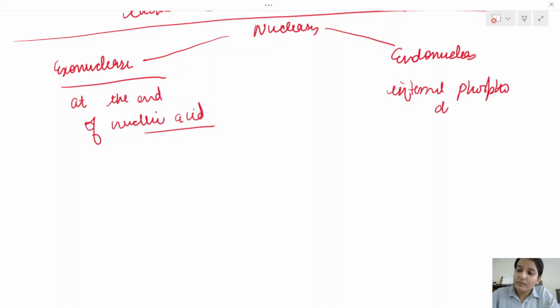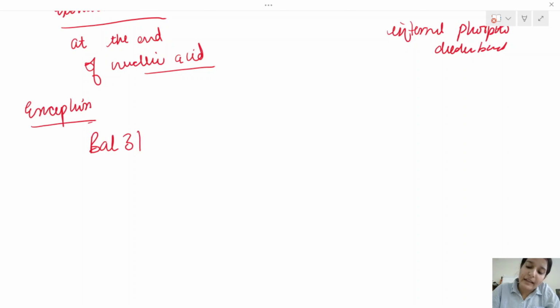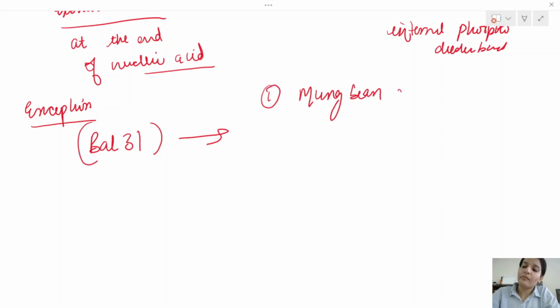Any particular exonuclease usually attacks either the 5' end or the 3' end, but here comes our exception, BAL31, which attacks both the 5' end and the 3' end of the nucleic acid. Then we have mung bean nuclease, which degrades single stranded DNA and RNA.